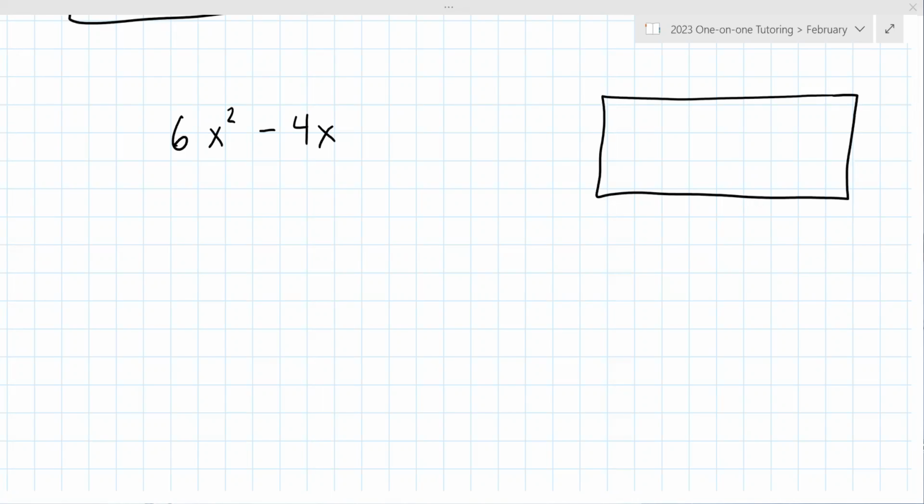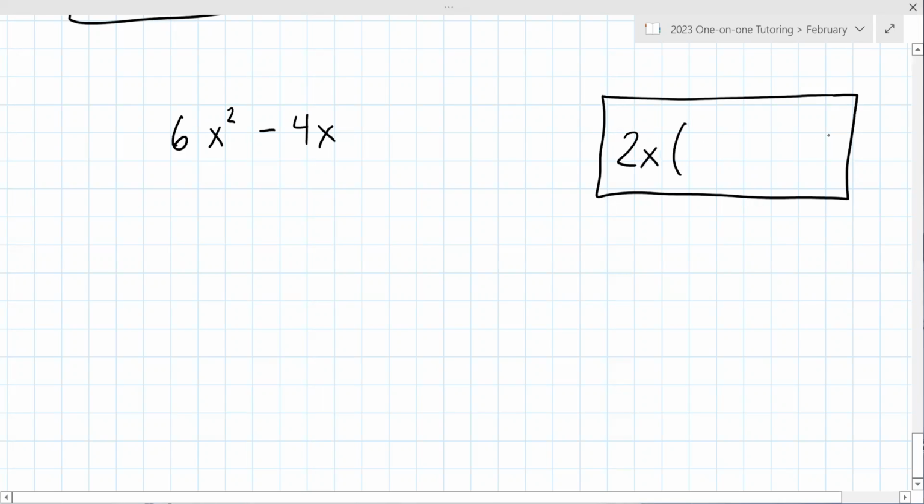The answer would be 3x and then 2 minus 2. What is outside parentheses? Oh, it would be 2x. So here's what I was looking for. 2x parentheses, and what goes inside parentheses? 3x minus 2.